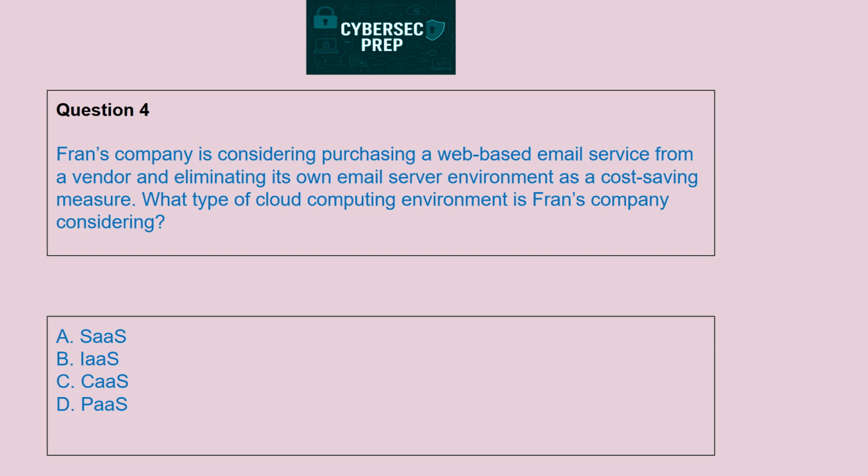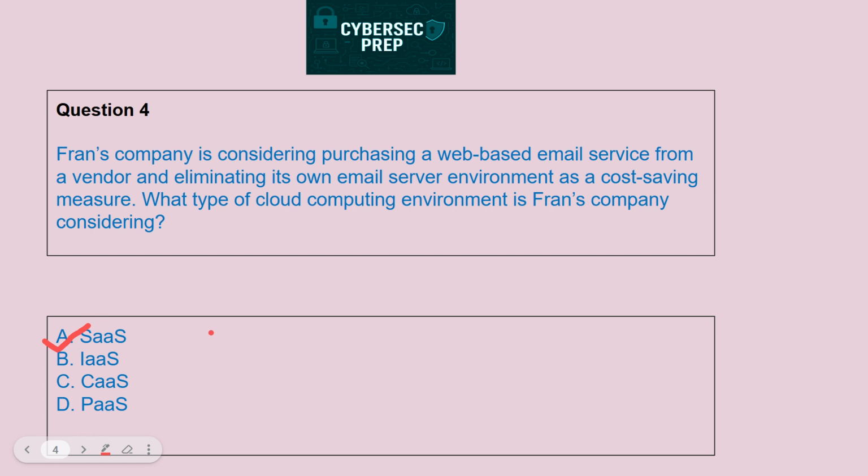SaaS, software as a service, infrastructure as a service, platform as a service, these are services provided by the cloud vendor. Now what is the most appropriate service that should be used by France company? Here, this is an example of a vendor offering a fully functional application as a web-based service. Therefore it fits under the definition of software as a service. So the most appropriate response out of these four options should be option A, SaaS.